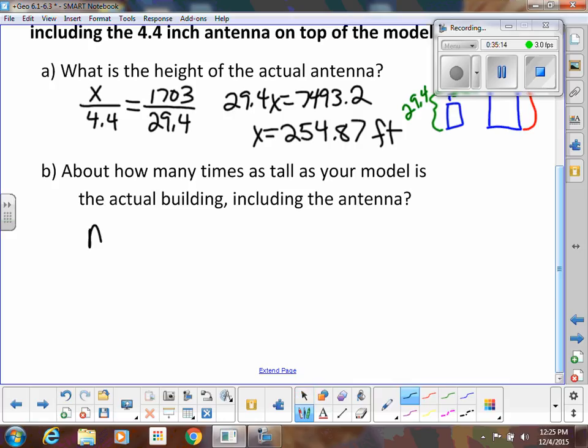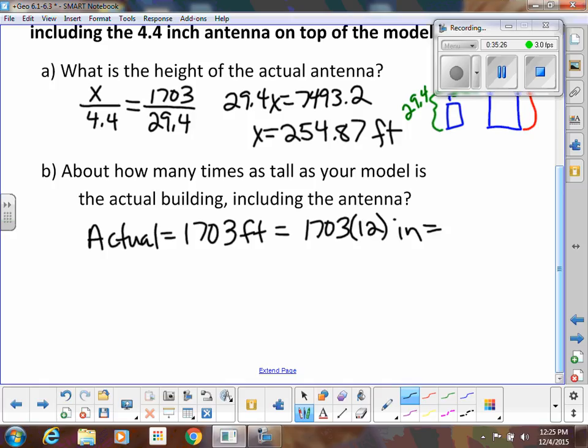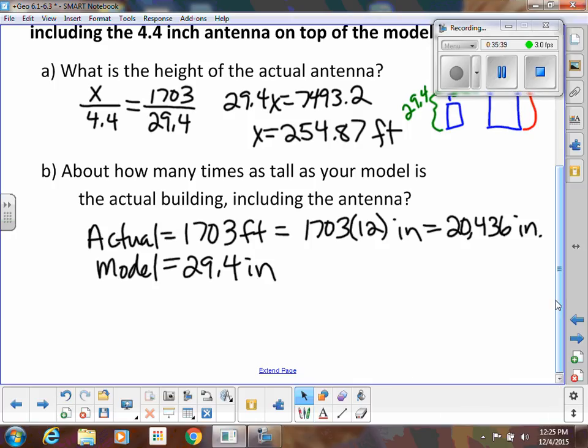So the actual height is 1703 feet, which is the same as, well, how many inches would that be? We have to multiply by 12, don't we? So that's going to be 20,436 inches. All right, and then our model is 29.4 inches.